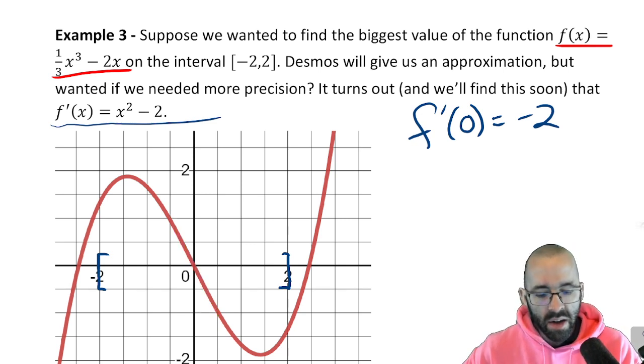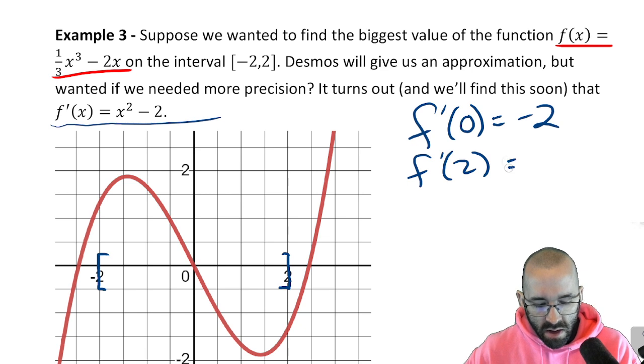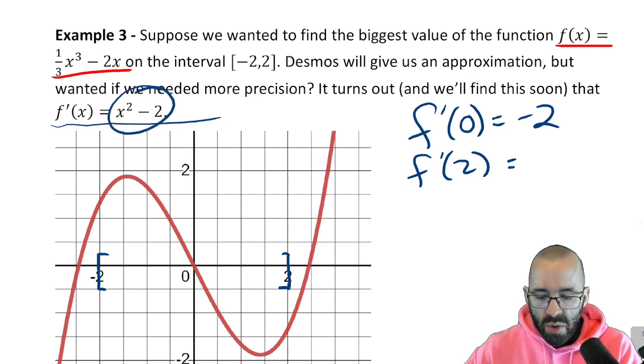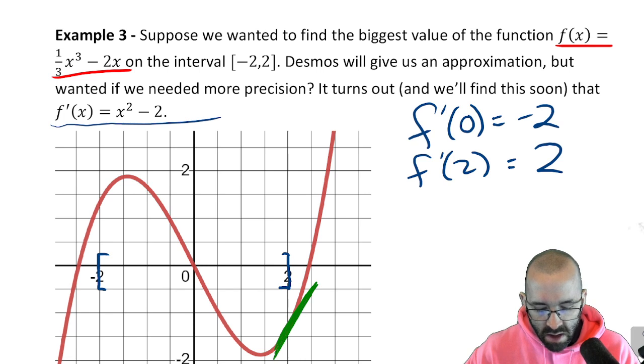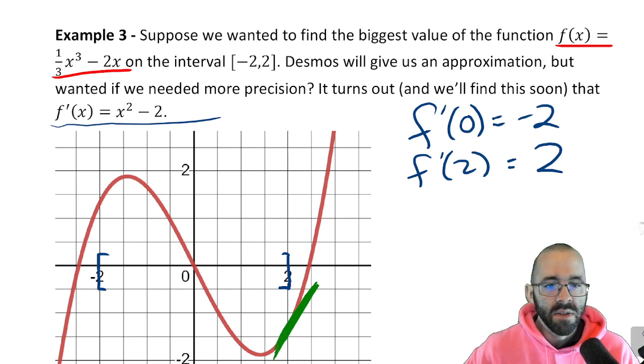Well, let's pick another point. What's f prime at +2? Well, 2 squared is 4, 4 minus 2, you get +2. Do you think the slope right here is about +2? Whoa, it is.